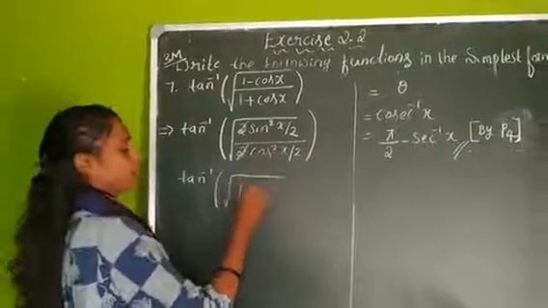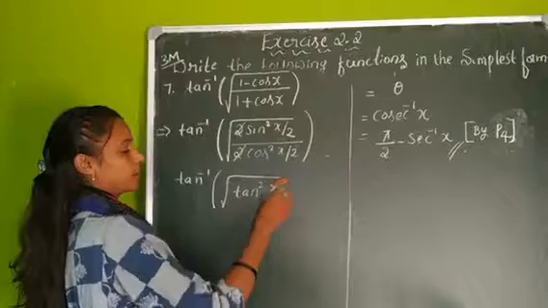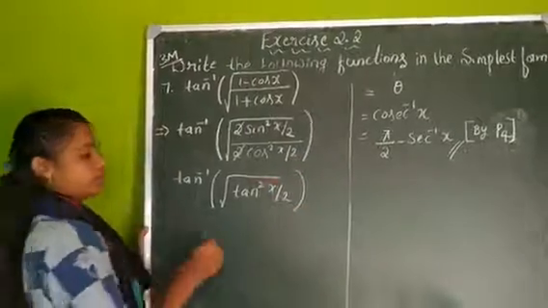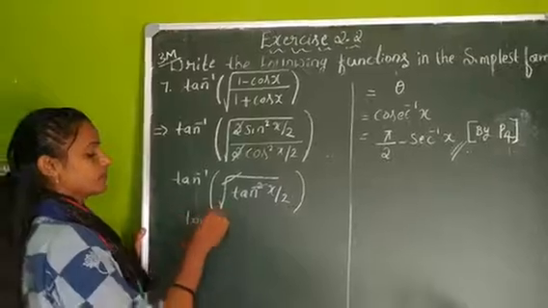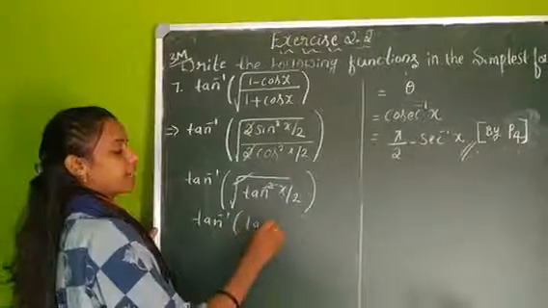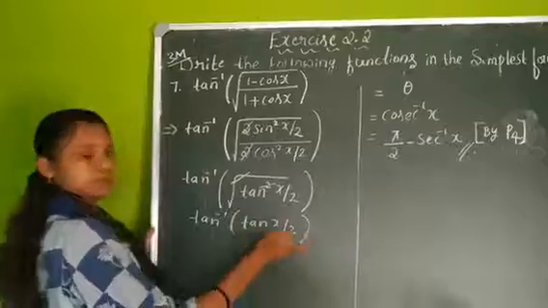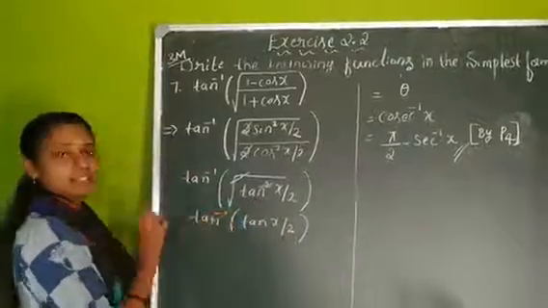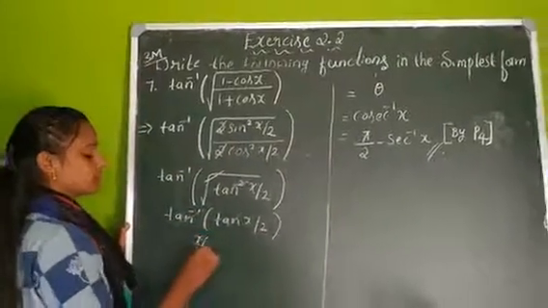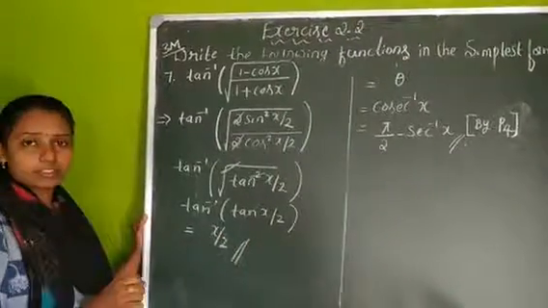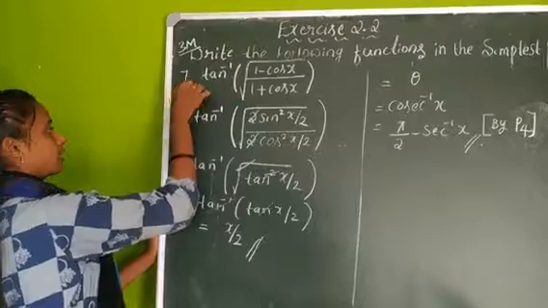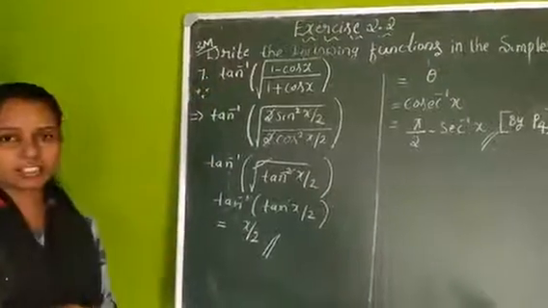I just write it as tan square x divided by 2. Now square and root get cancelled. The remaining is tan inverse of tan x divided by 2. These two get cancelled. Remaining is x divided by 2.